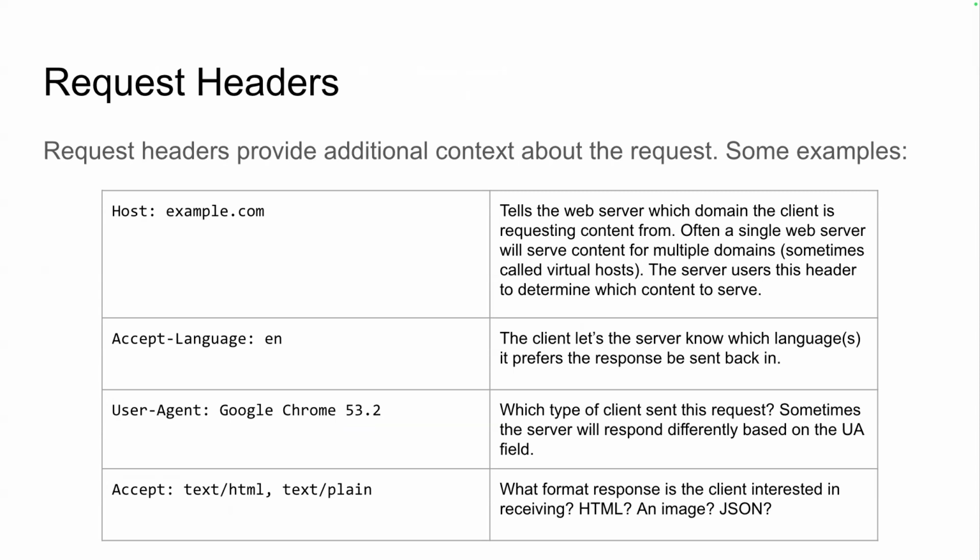Accept-Language, English: the client lets the server know which languages it prefers the response be sent back in. User-Agent, Google Chrome 53.2: which type of client sent this request? Sometimes the server will respond differently based on the UA field. Accept, text/html, text/plain: what format response is the client interested in receiving? HTML, an image, or JSON?